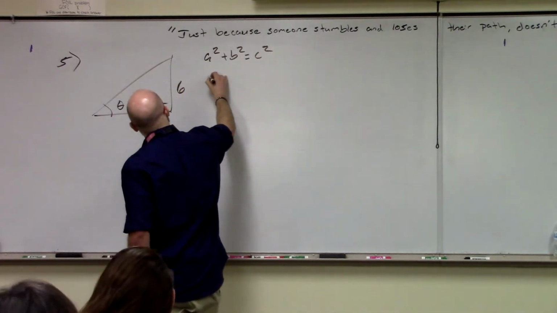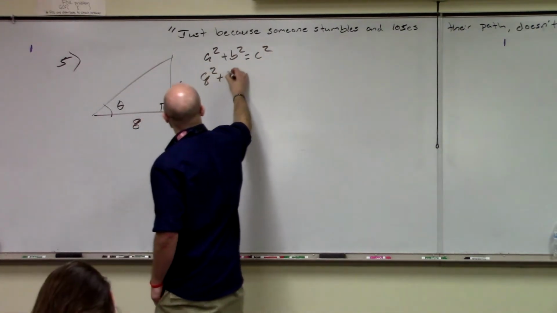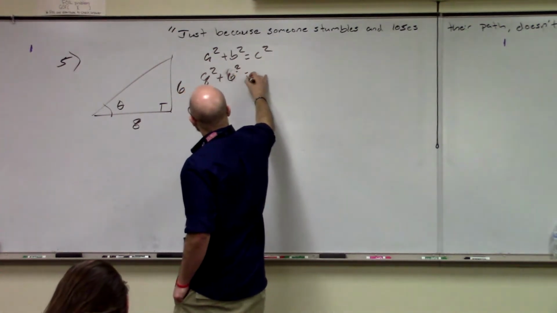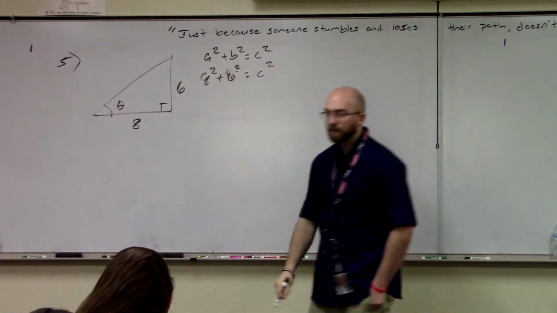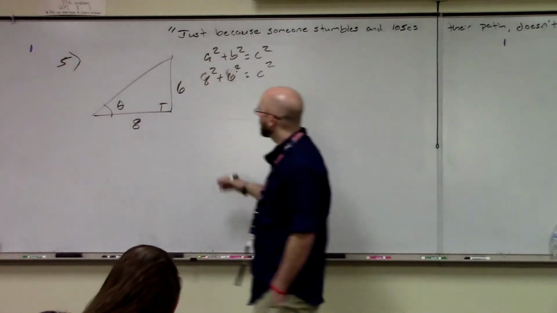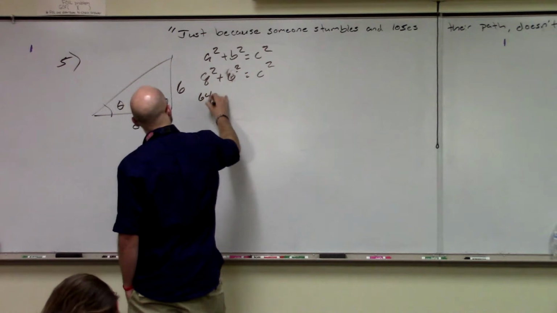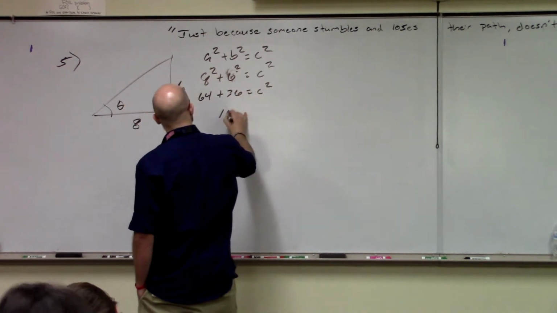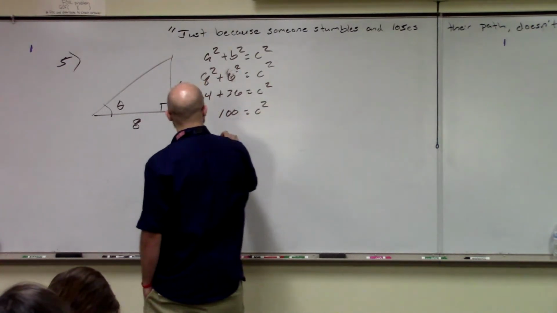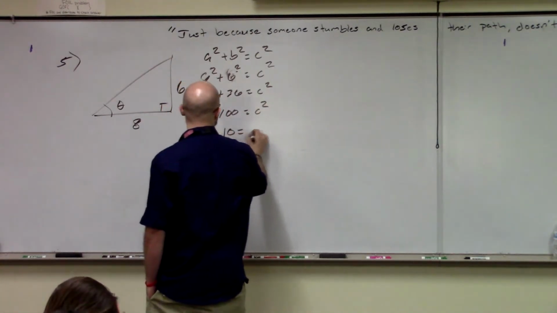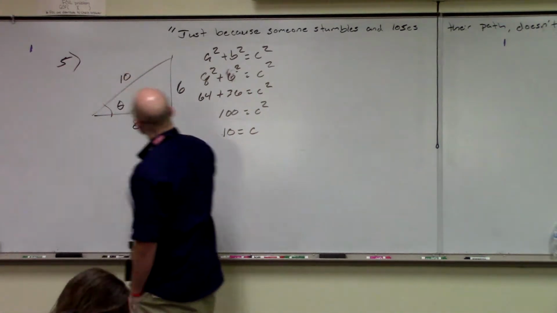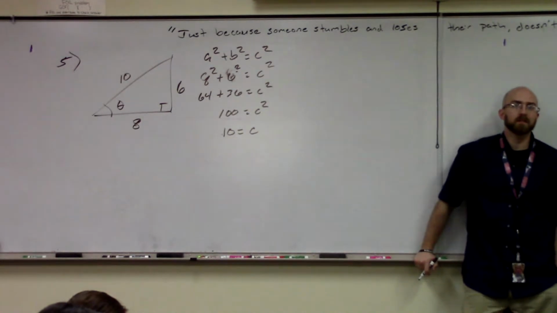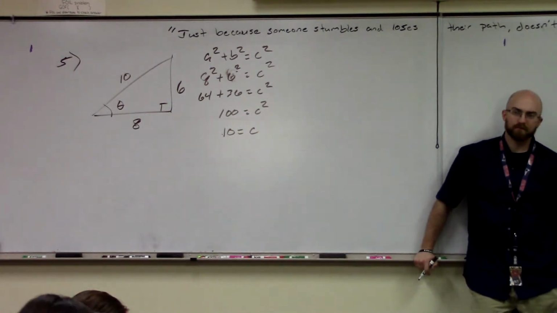Which ends up being 8 squared plus 6 squared, which just equals 100. Again, you guys should be able to do that part. That's nothing new. You've seen it and you've done it.